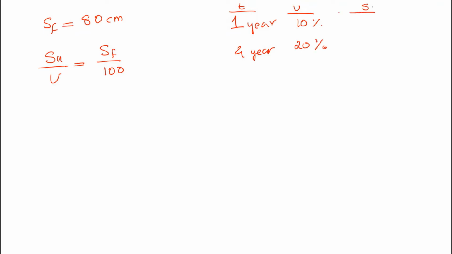We are asked to find the settlement for 1 year and 4 years, right? We have found that the final settlement, that is the 100% degree of consolidation settlement, is 80 centimeter. So from this we are going to calculate the settlement for 10 percent and 20 percent, that is for 1 year and for 4 years.